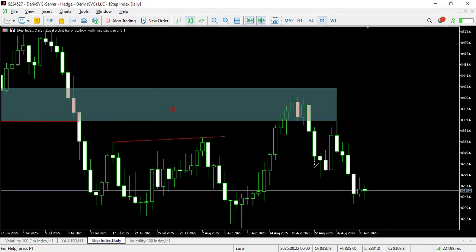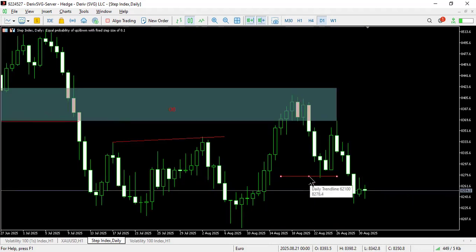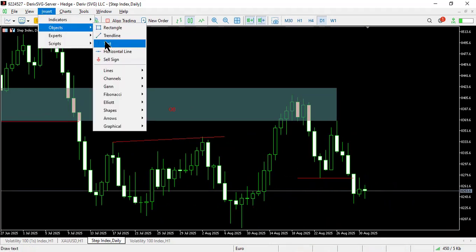So if we can see down here, we have a break of structure.